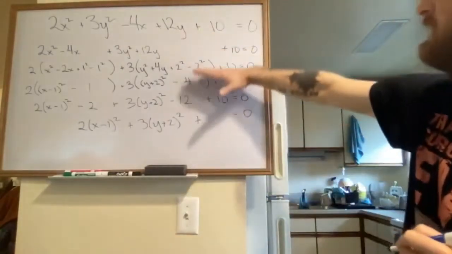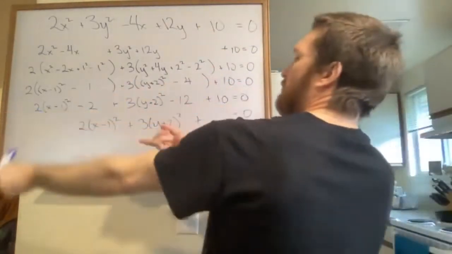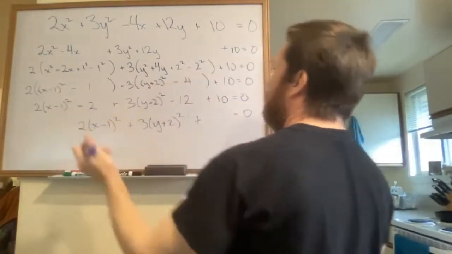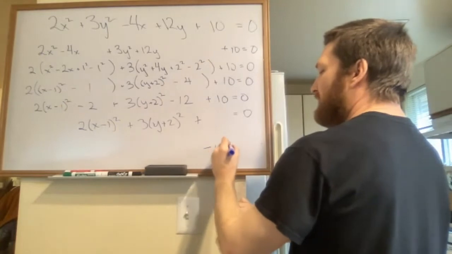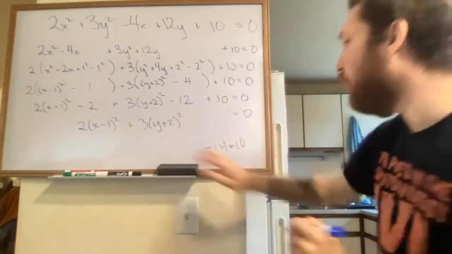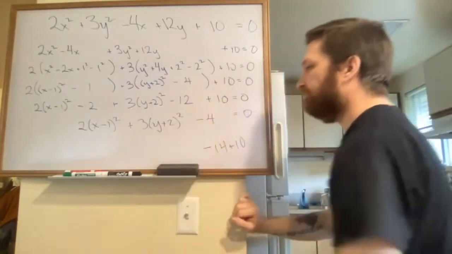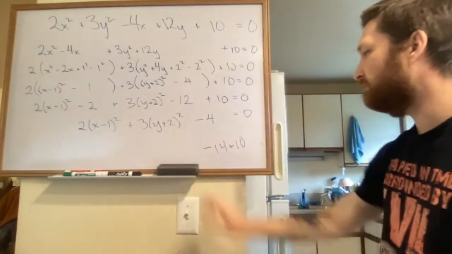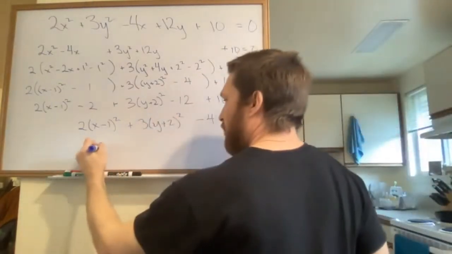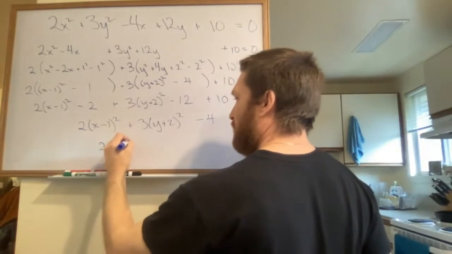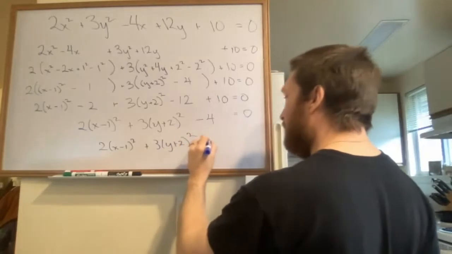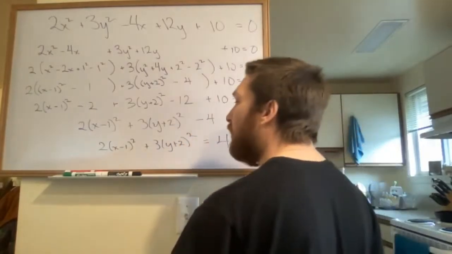Then, after completing the squares and redistributing, we would say -2 minus 12 is -14, plus 10 gives me a total of -4. Now 2x minus 1 squared plus 3y plus 2 squared equals +4.